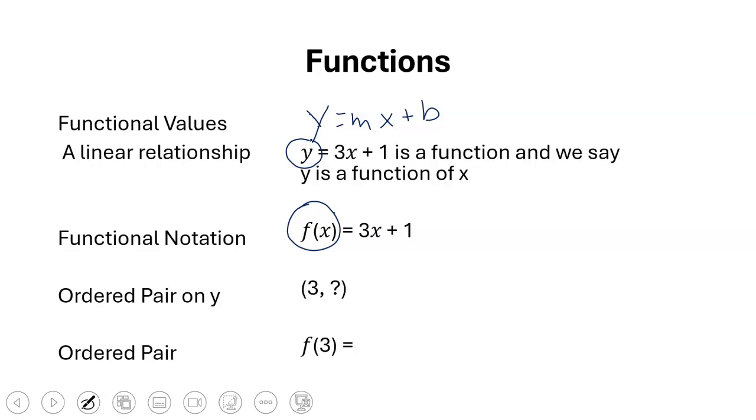Again, f of x is not f times x. That's the main thing, the most common mistake to remember. And looking at this, the x right here is our x coordinate. So f of x equals y. This is our x coordinate, and then this is our y coordinate.